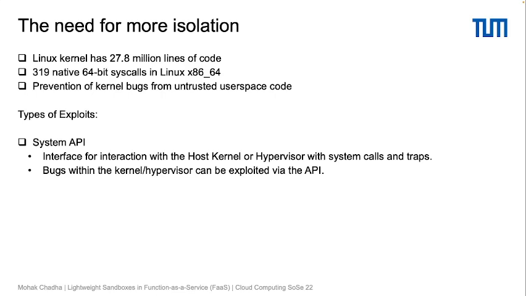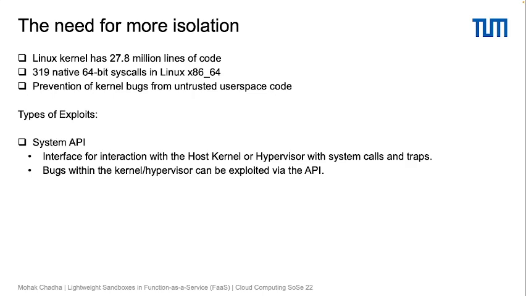There are system API exploits, where you identify APIs through which you can get access to the kernel, for example the system calls from user space to kernel space, or in hypervisors, where you have traps and emulation. Through these you can interact with the system, so you try to exploit these system calls, find bugs, and gain more privilege.